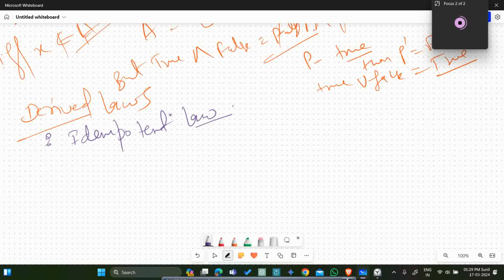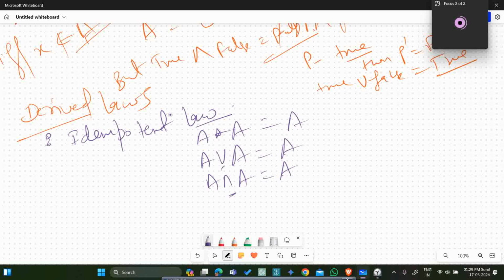The idempotent law is: A and A is A only, and A or A is also A. These are idempotent laws for the and operator and for the or operator, or we can say conjunction and disjunction.